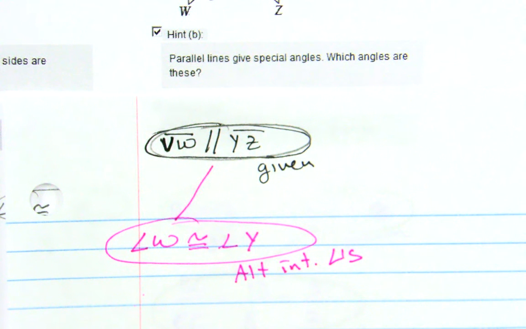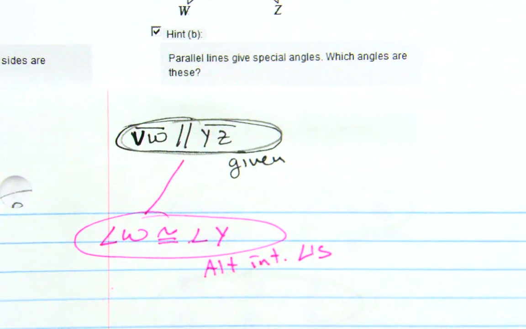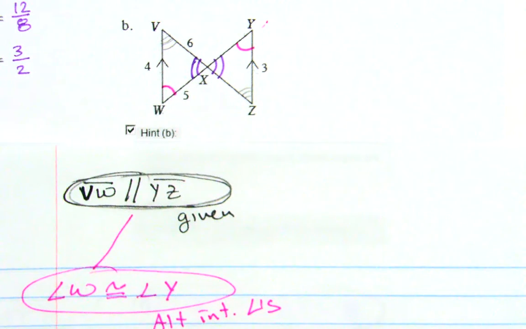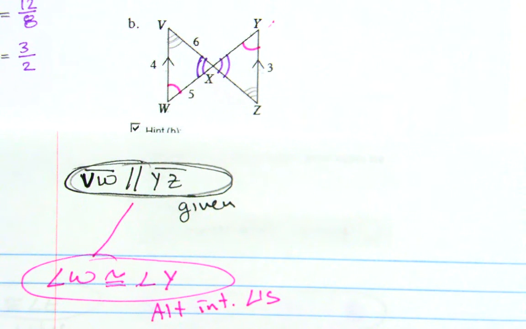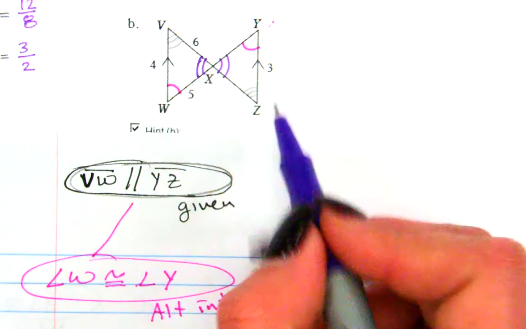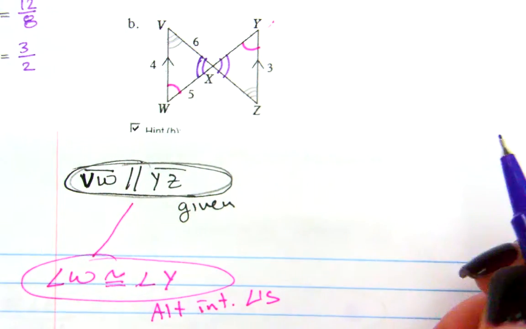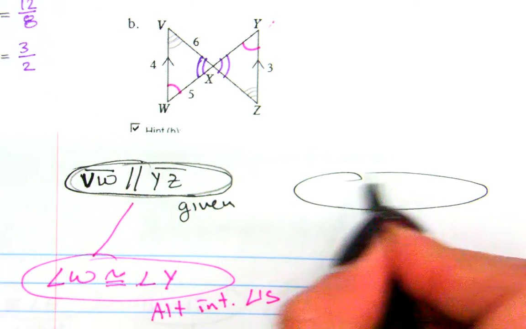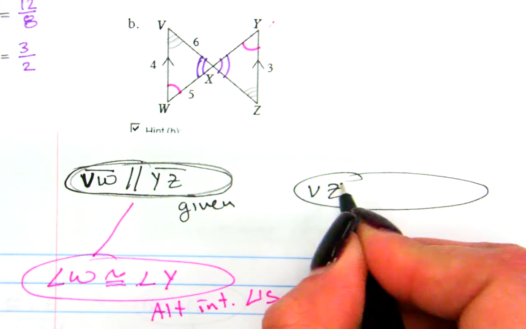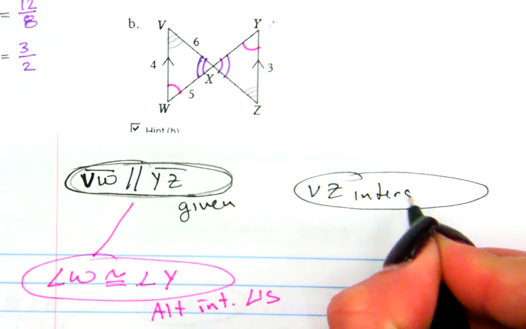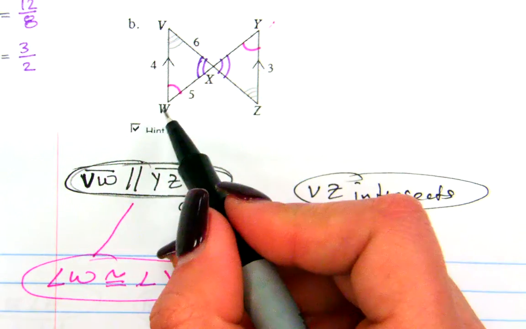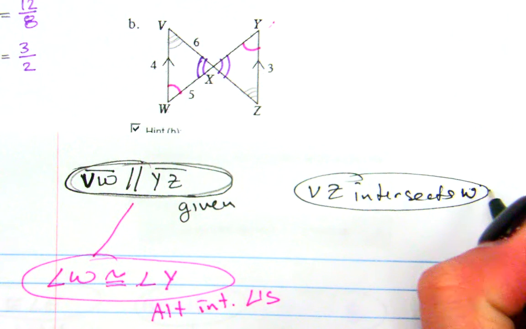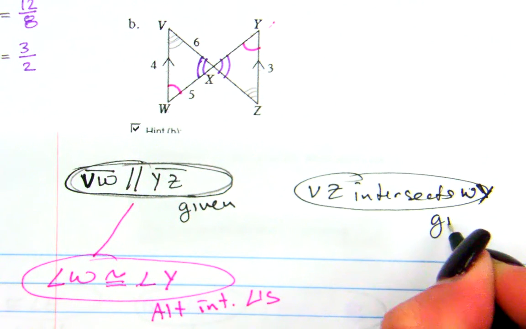And then the other thing we can safely assume is the part about the purple angles, right? So the purple angles, I'm going to go with they're intersecting. So I'm going to say VZ intersects WY. And that's also a given.